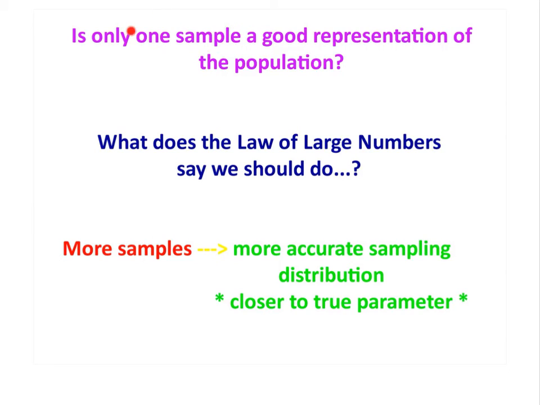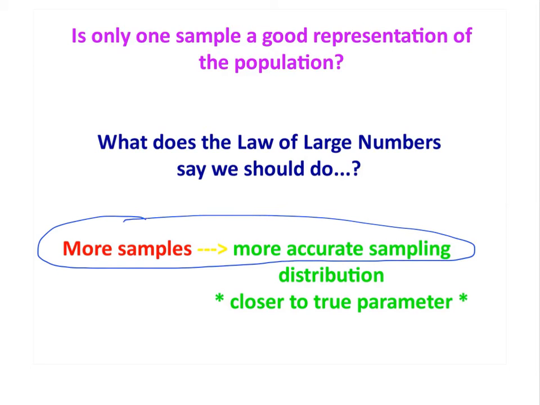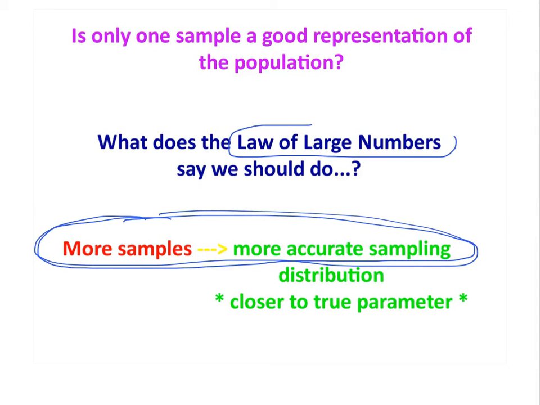No, one sample is not a good representation. The law of large numbers tells us we need more samples. More samples, the more accurate the sampling distribution will be. So more samples means more accurate, and this all goes back to the law of large numbers, which we talked about a long time ago.